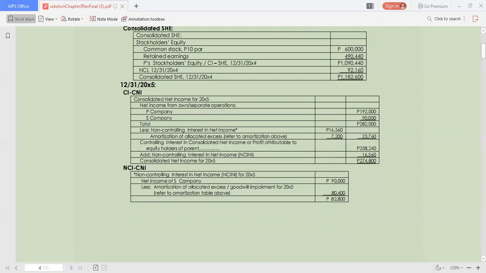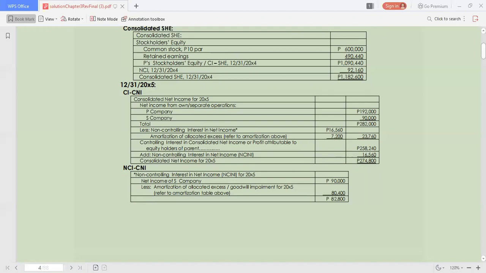Then we deduct the non-controlling interest in net income of 16,560 and the amortization of allocated excess based on the original computations in 20x4. So we finally have the controlling interest in consolidated net income. Then we add the non-controlling interest in net income. Finally, we have the consolidated net income for 20x5.